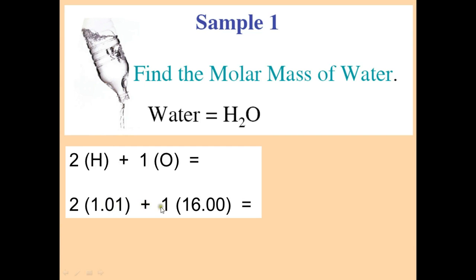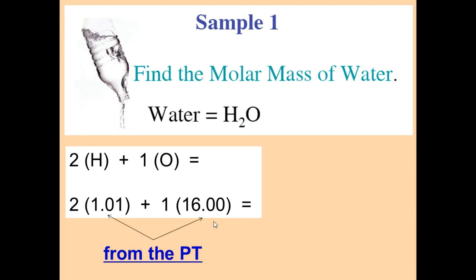And then we find the atomic mass for oxygen and multiply by its corresponding coefficient. So we have 1 oxygen, so we multiply 1 times oxygen's atomic mass, which is 15.99, or you can round it to 16. These are from the periodic table, and these are the atomic masses of the corresponding elements. Then we just add these two products.